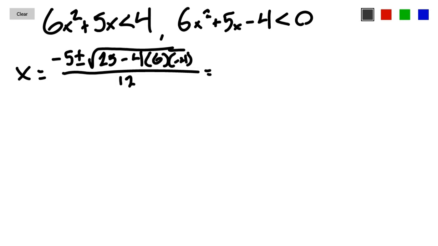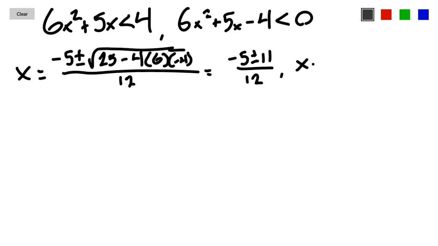If I crunch the numbers, 4 times 6 is 24, times another 4 is 96. So 25 plus 96 gives me the square root of 121, and that just gives me 11. So I have negative 5 plus or minus 11 over 12 is equal to x.